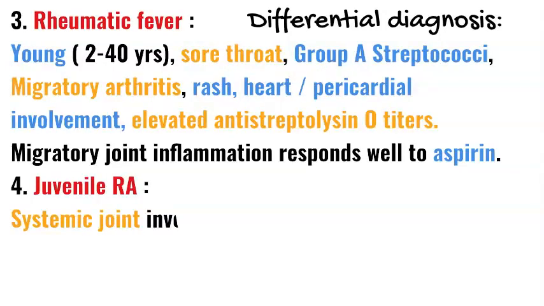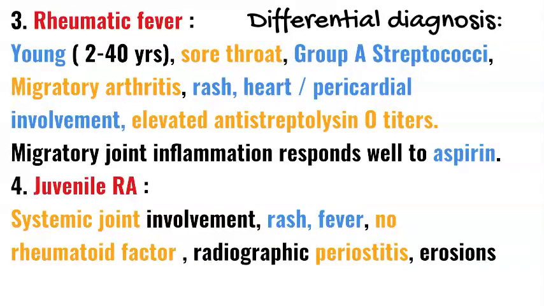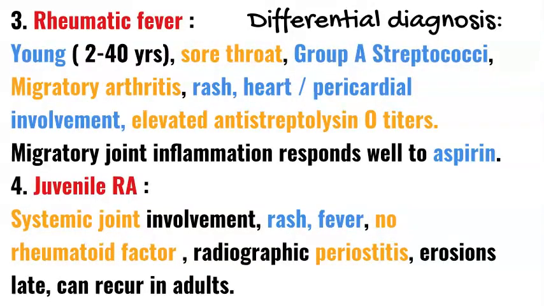Number 4, juvenile rheumatoid arthritis. Systemic joint involvement, rash, fever, no rheumatoid factor, radiographic periostitis. Erosions can be late and can recur in adults.